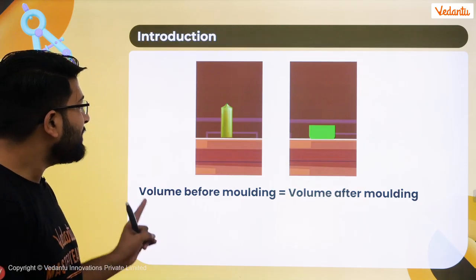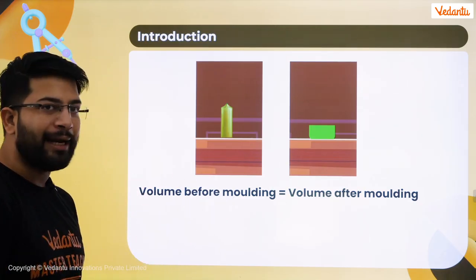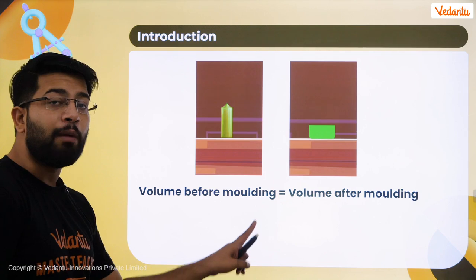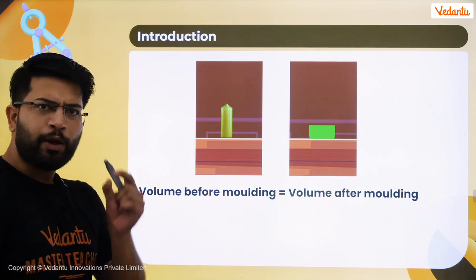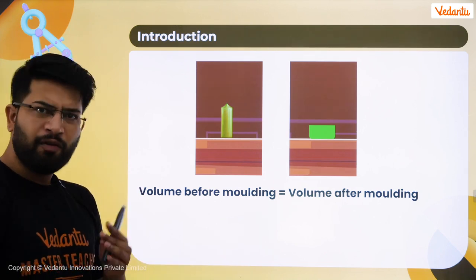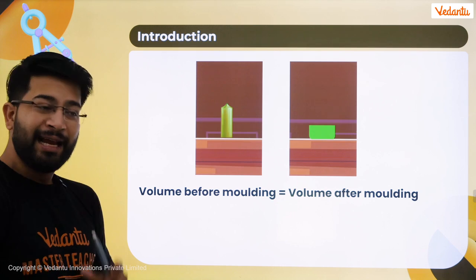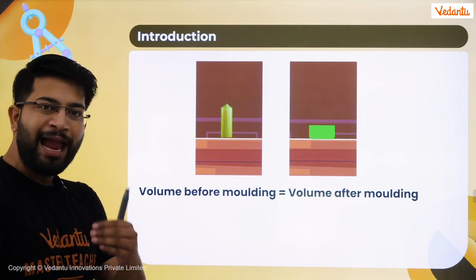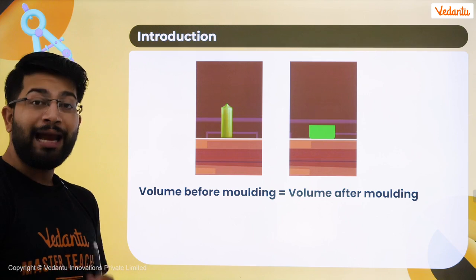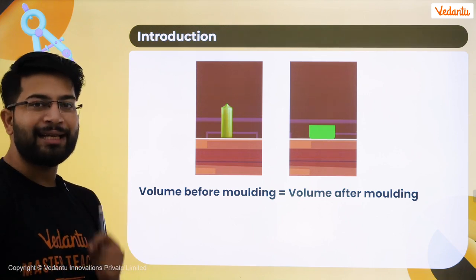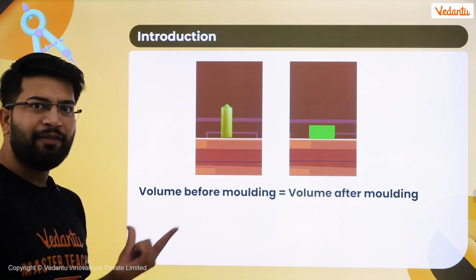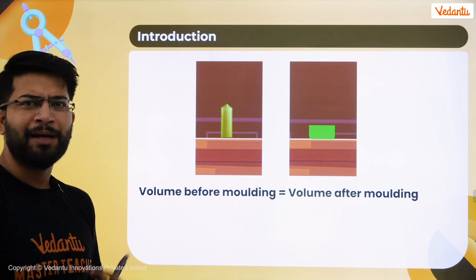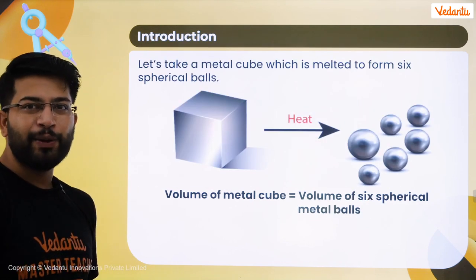So that means the volume before the molding will be equal to the volume after molding. Why? Because the amount of wax will be exactly the same. The amount of material is initially and finally the same. We have not taken any out and we have not put anything else. So the amount of material will be the same, that means volume will be the same. And that's the concept that we will be using.